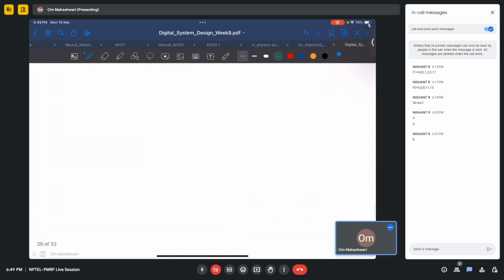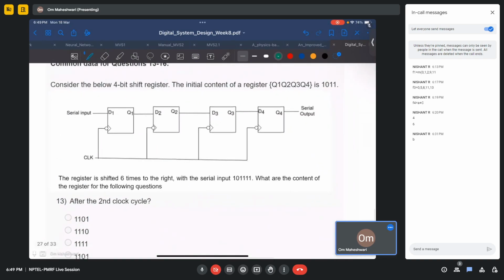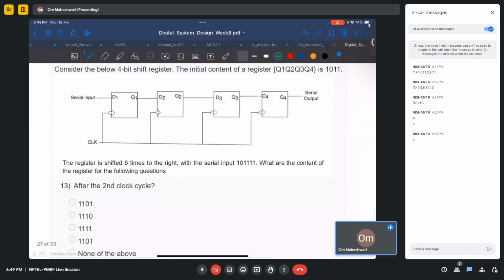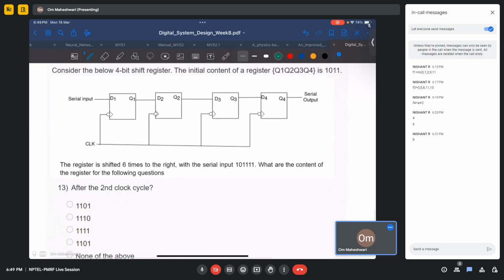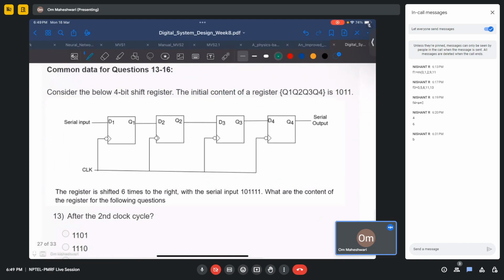Okay, so we have a few more questions which are based on registers, which are also very easy. You have a serial input, serial output register.